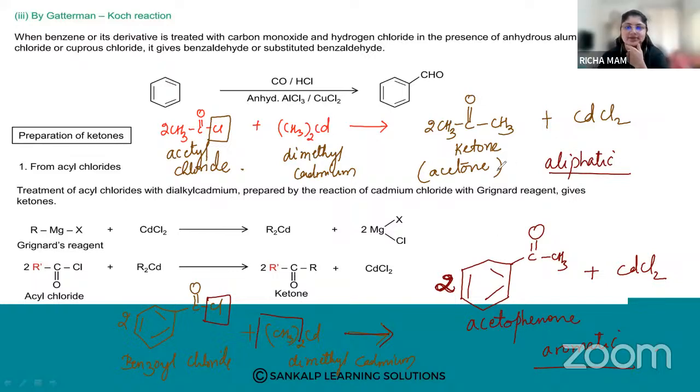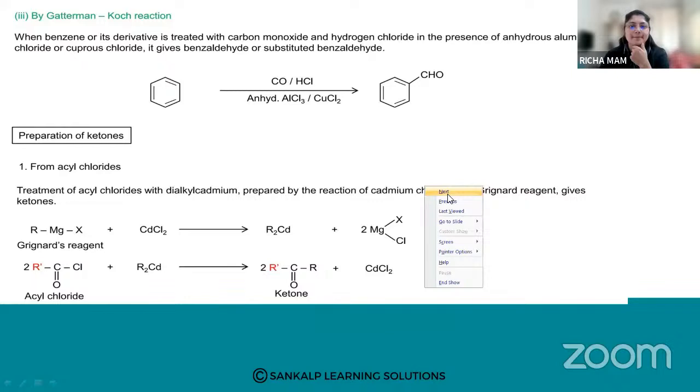So it is an aromatic ketone. By this method we can obtain both types of ketones, aliphatic and aromatic. So this was the first preparation of ketones. Is it clear?